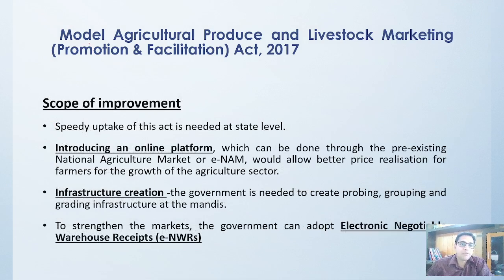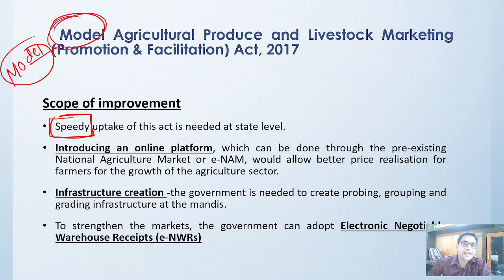Then what is the scope of improvement? There is certain scope of improvement in this act: it has to be taken up in a speedy way, because the central government can only give a model. If you can see here, the central government is writing "model" every time, they are not creating an act, because this model has to be picked up by the states.